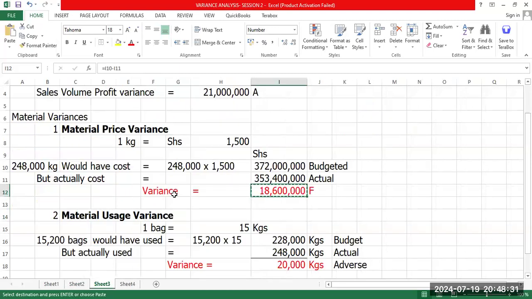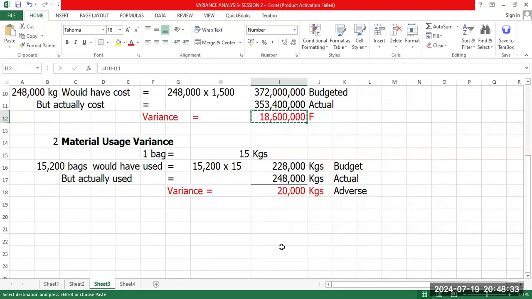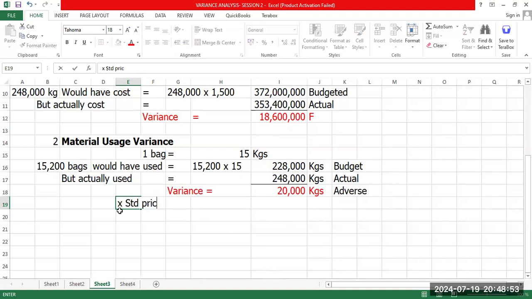Then material usage. Oh, we report in terms of amount, so we have to continue and convert from kgs to amount. From kgs to amount, so we multiply by standard price per kg.